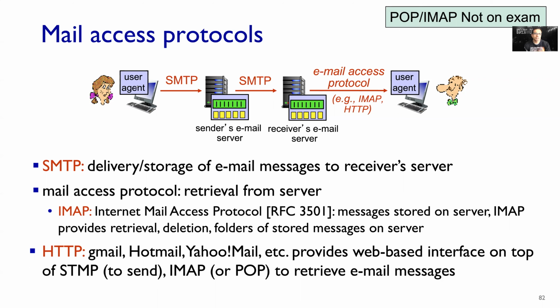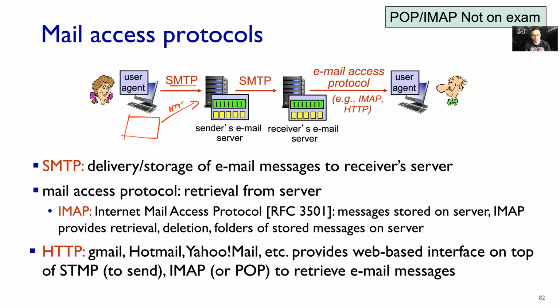But remember, the user agent also needs to send the email to the mail server, right? Now, this can be done in multiple ways. So if you're using a native app, then this email is very likely delivered over SMTP. However, sometimes you might just use your browser, right? You might log into your Gmail using your browser, in which case this is of course happening over HTTP, right?